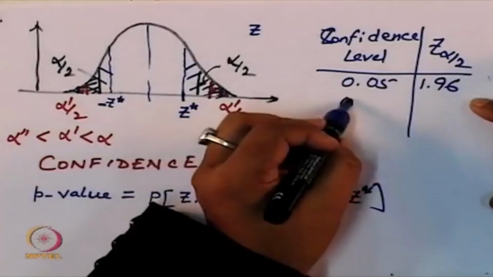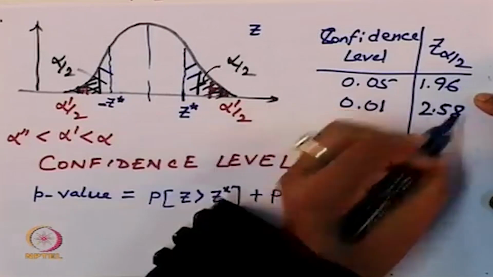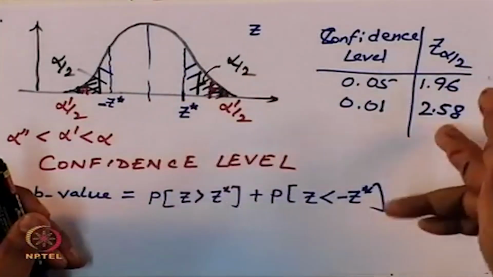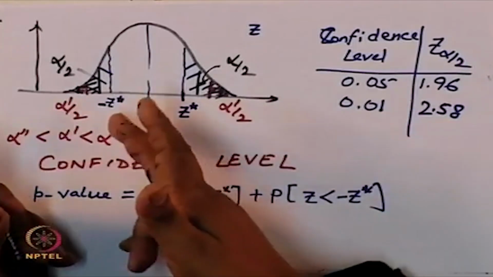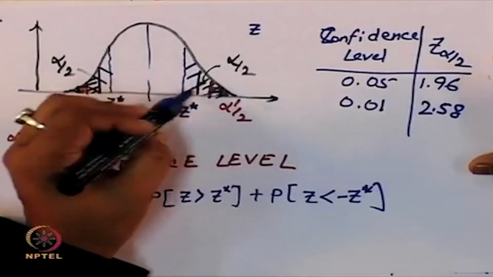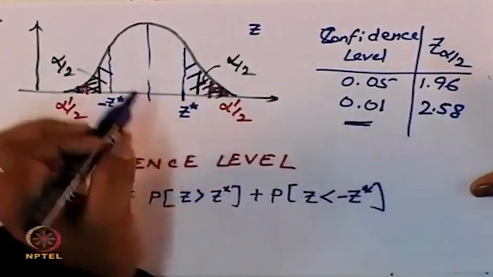If you want 0.01, then this value becomes 2.58. So, you want to calculate the probability z greater than 2.58 or z less than minus 2.58.